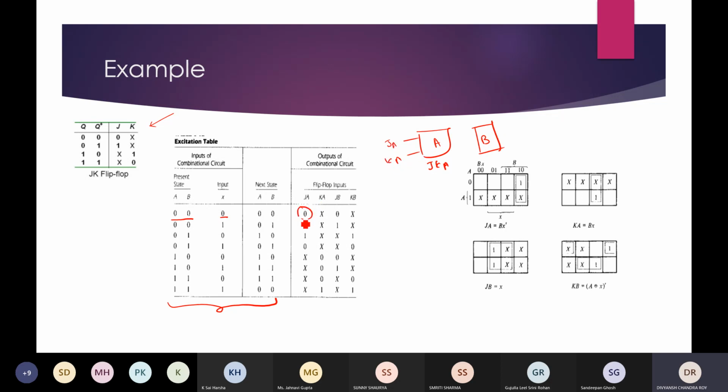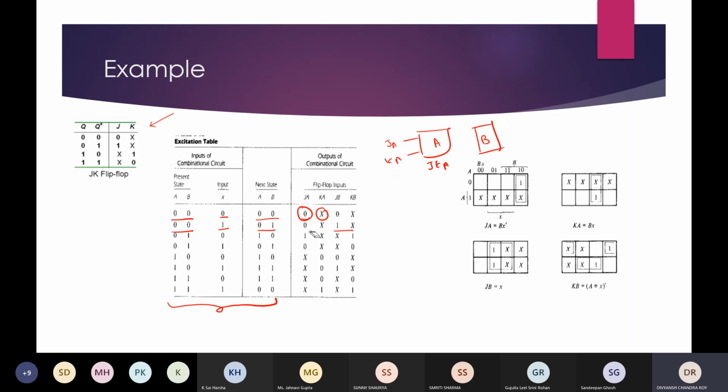So my JA will be 0 and KA will be don't care, so that next state will be 0 0. And if it is 0 0 and input is 1, then the next state is going to 0 1, and for that we require the JK flip-flop inputs to be 0 comma don't care and 1 comma don't care.